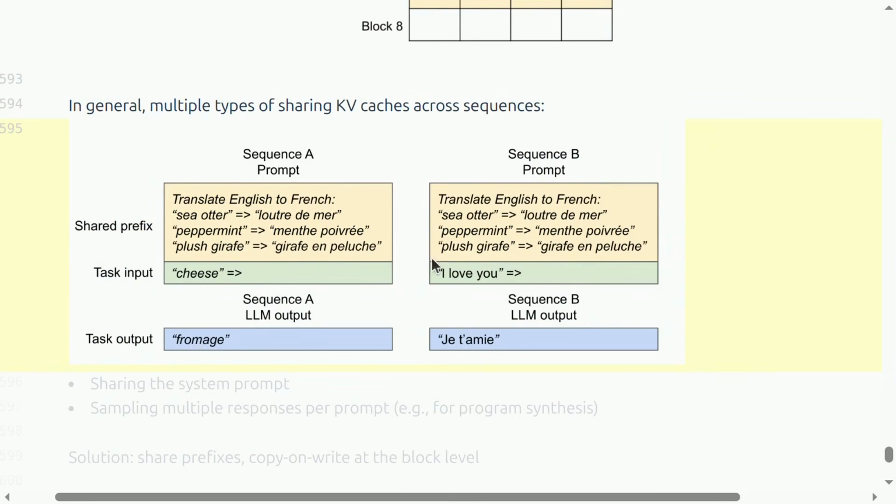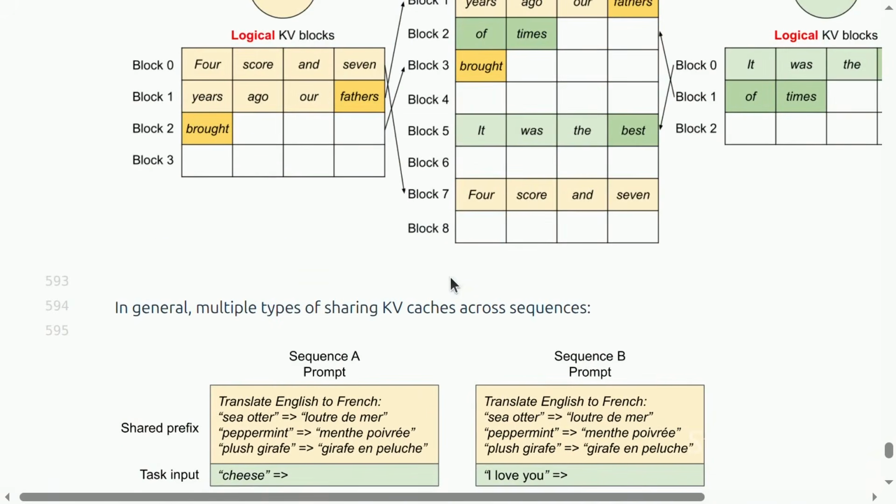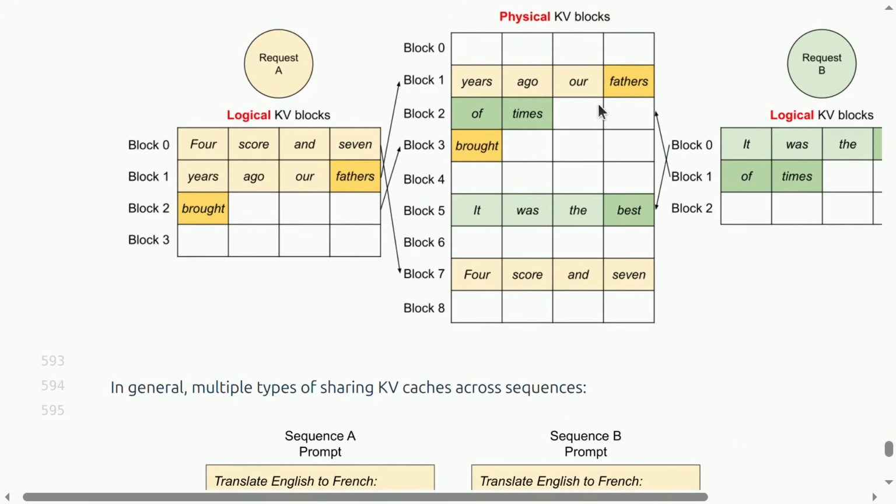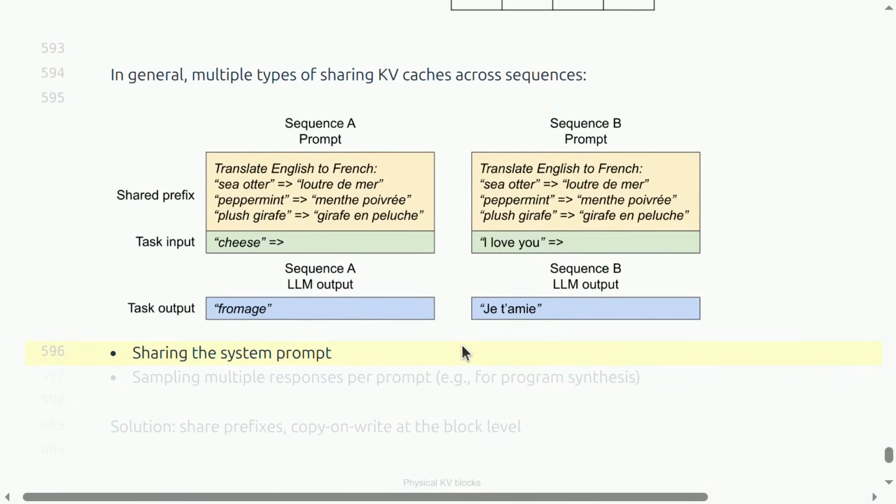In particular, if you have system prompts, you can just cache the KV cache for the system prompts once, and that can be useful for all the queries. This is very useful because if a lot of people are using the same system prompt, you don't have to compute the KV cache for every request.